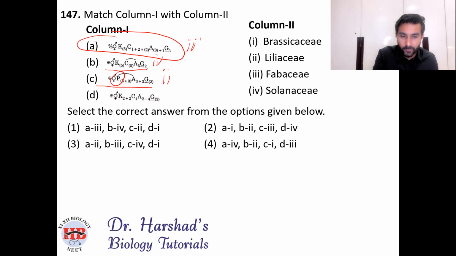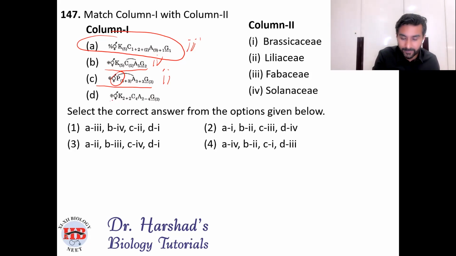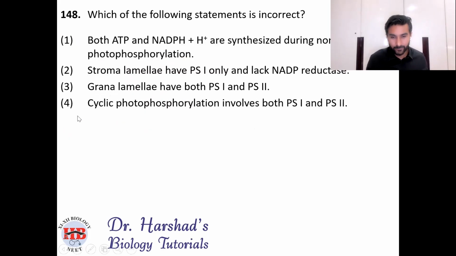So that is 4. And option D is the floral diagram, which is given as the first floral diagram of the mustard family, that is your Brassicaceae family, which is option D1. So we have A3, B4, C2 and D1. That is your option number 1. So that becomes your answer in this question.